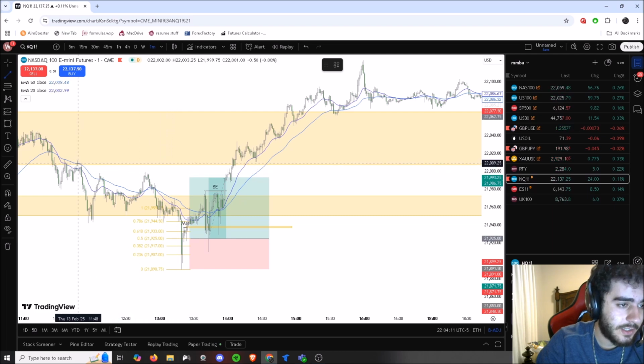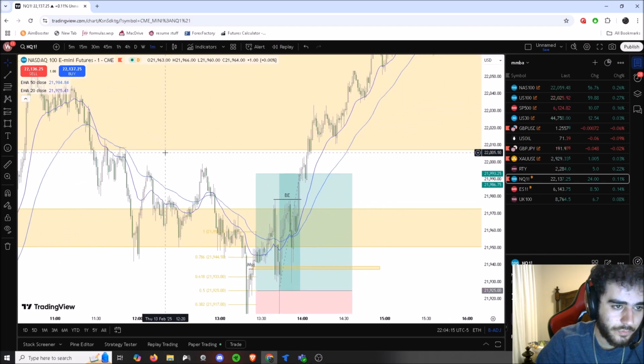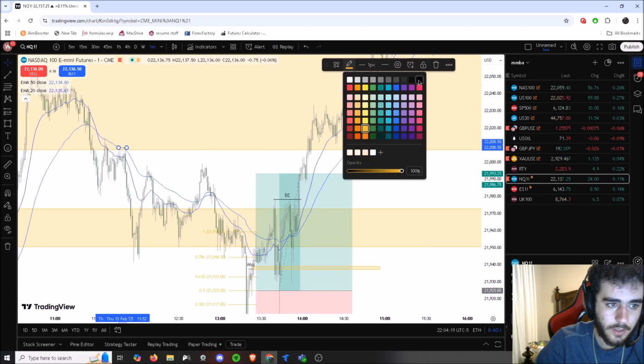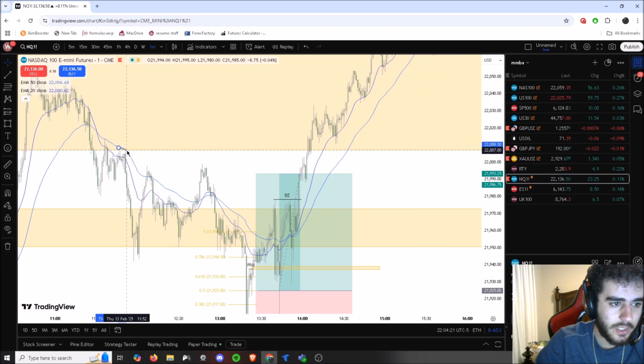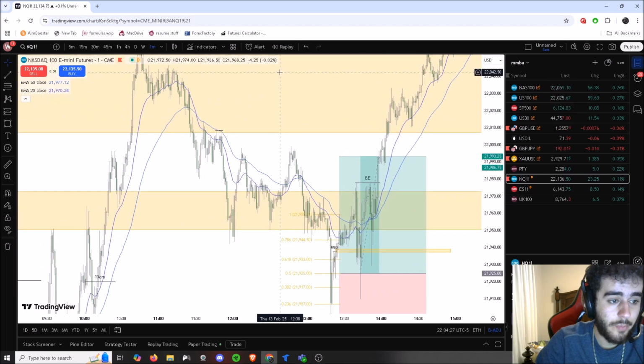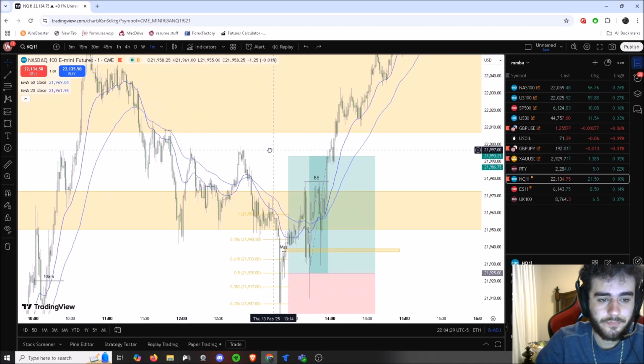Let's say these are almost equal highs. Right, somewhat equal highs here. Still liquidity there, and these are magnets for liquidity.